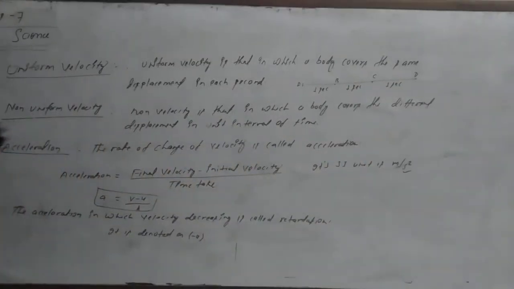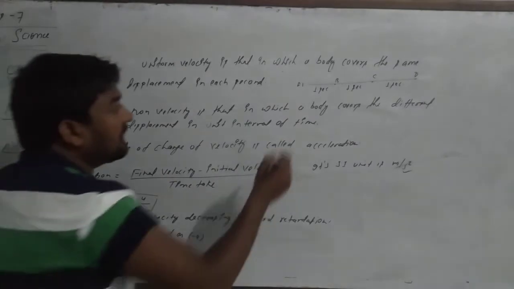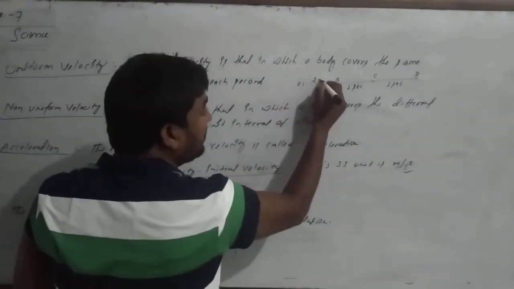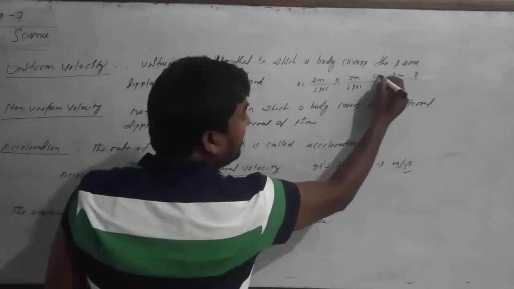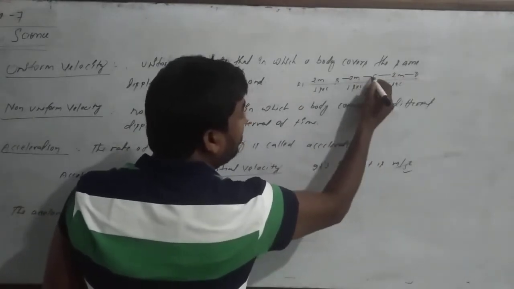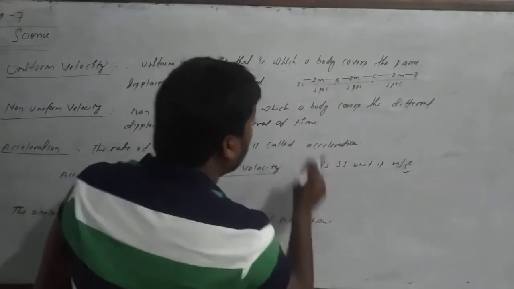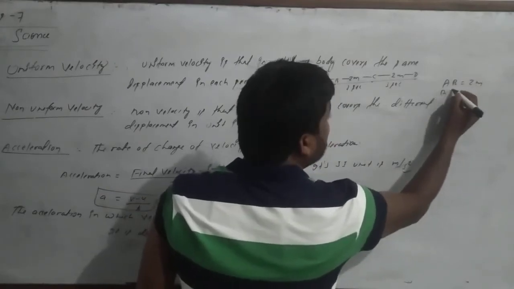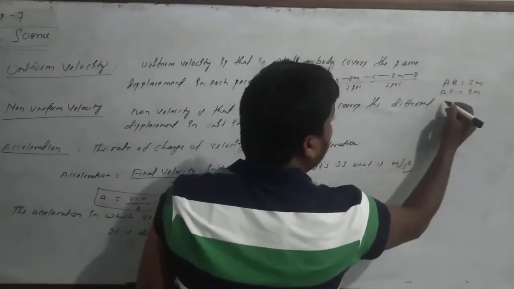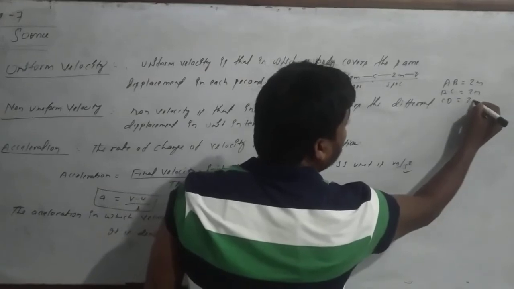The distance from here to here is 2 meter, this is 2 meter, this is 2 meter. AB is equal to 2 meter, BC is equal to 2 meter, and CD is equal to 2 meter.